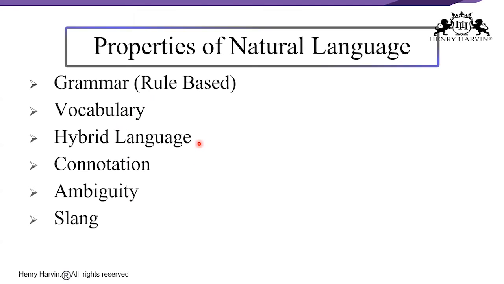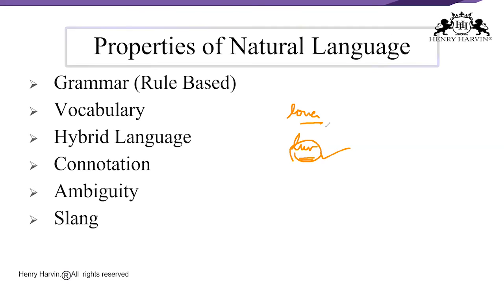Say for example, nowadays we are writing a lot of messages on WhatsApp or on the internet, and for example, instead of love, we sometimes write it as LUV. So we may understand what this basically means. Can we expect the laptop or the computer or the machine to understand what this love is?